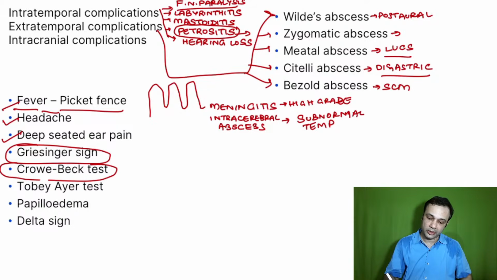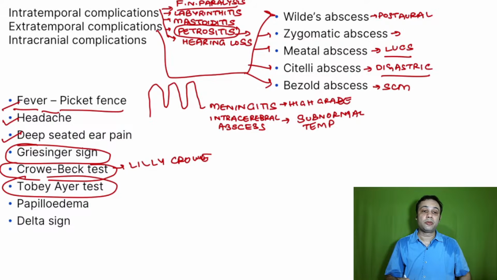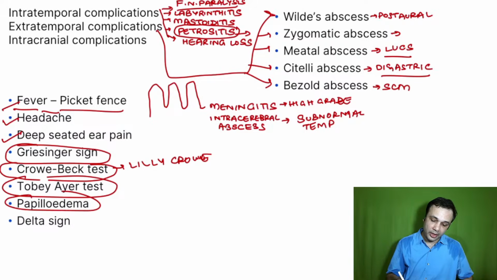That is Crowe-Beck test, also known as Lillie-Crowe test. Okay, then you have Tobey-Ayer test, which basically is measured on manometry, right? So compression on the affected side does not increase the pressure. Compression on the opposite side or the normal side increases the pressure.